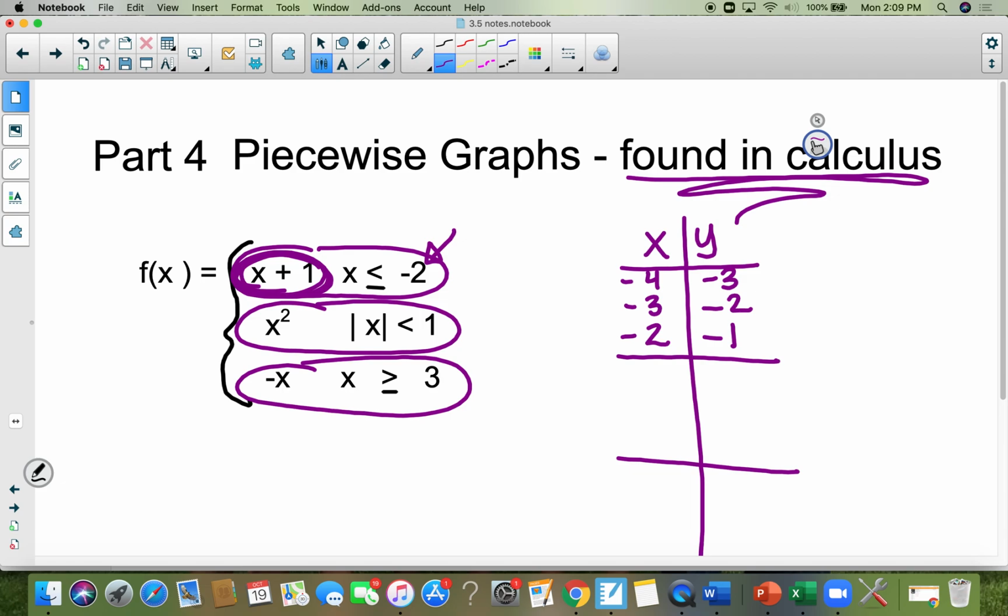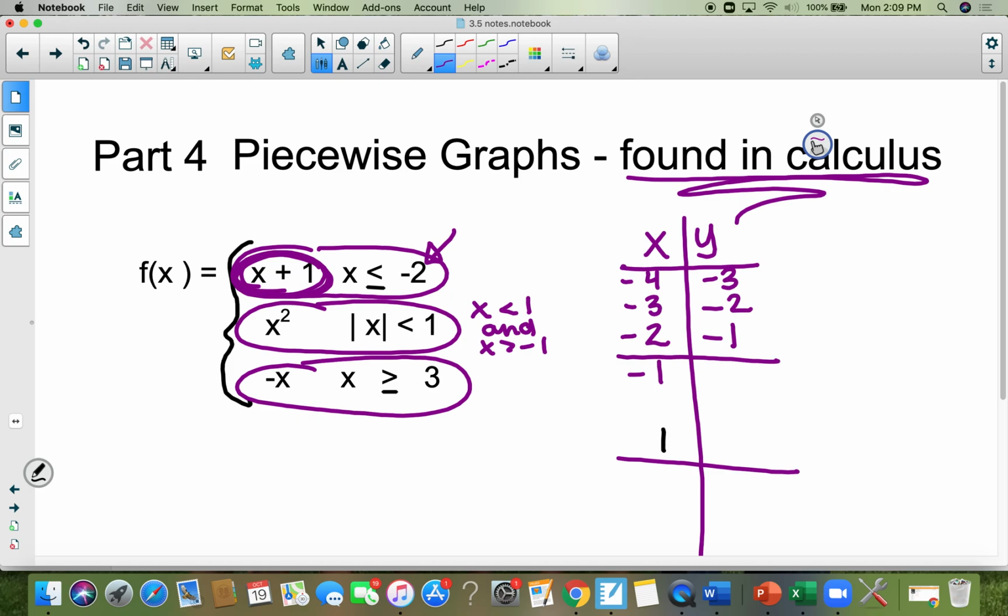Okay, the next one, x is less than 1, and x is greater than -1, if you remember absolute value from the last chapter. You need to be between 1 and -1. So -1 is going to go here, and +1 is going to go here.